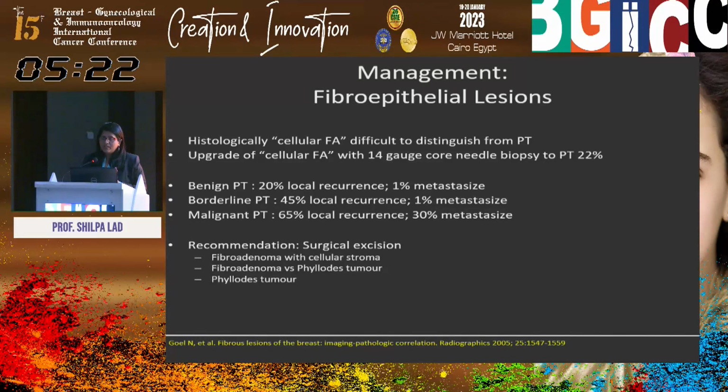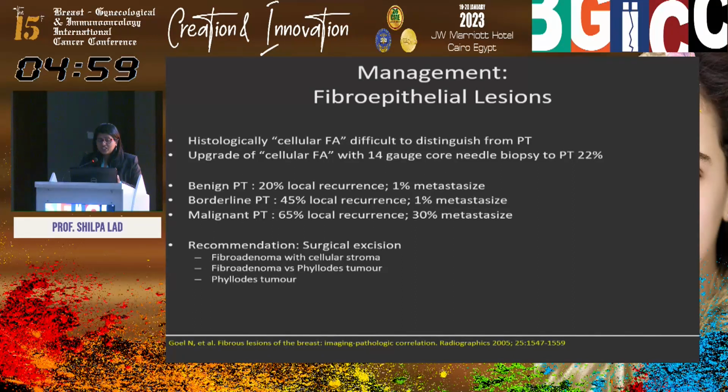If it is a benign phyllodes, even then surgical excision is recommended. The reason being, benign phyllodes also are associated with 20% local recurrence and 1% mets. And borderline phyllodes, 45% local recurrence, and malignant phyllodes with 65% local recurrence and 30% lung metastasis.